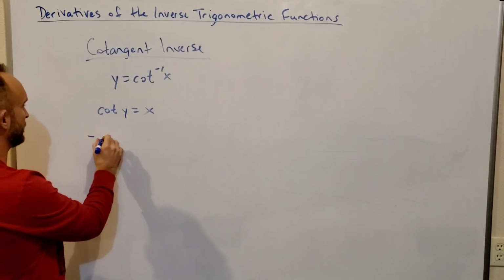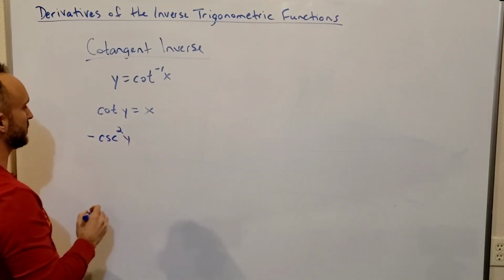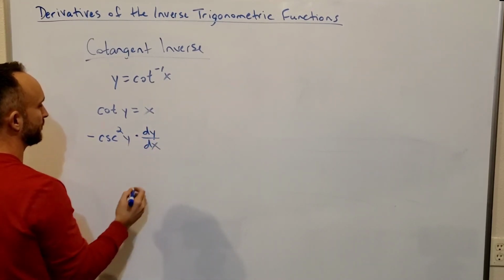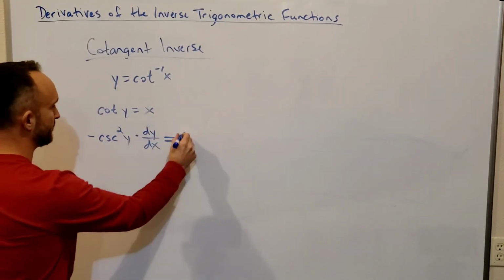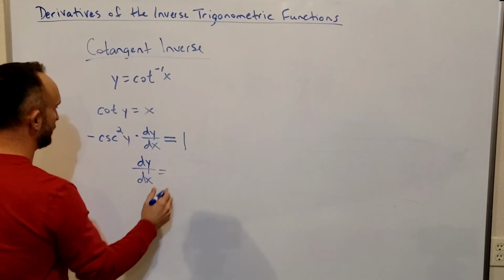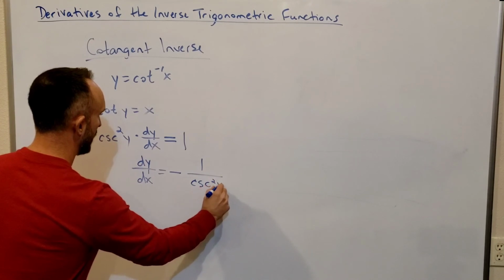Differentiate both sides. The derivative of cotangent is negative cosecant squared. Multiply by dy dx via the chain rule. The derivative of x is 1. So dy dx equals negative 1 over cosecant squared y.